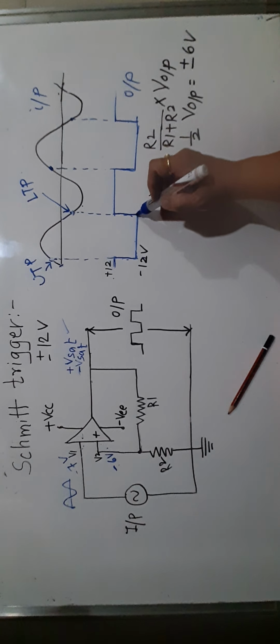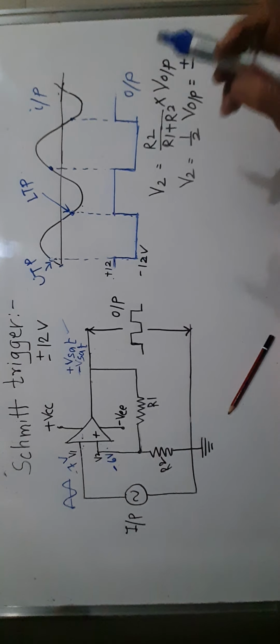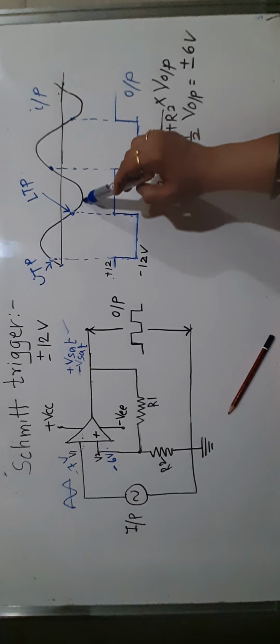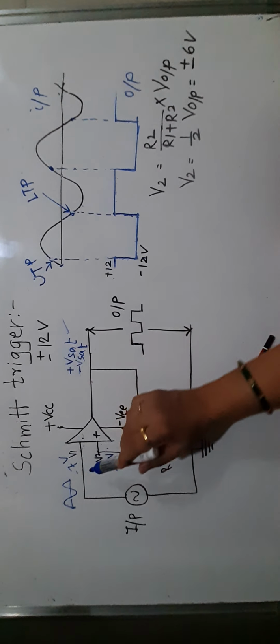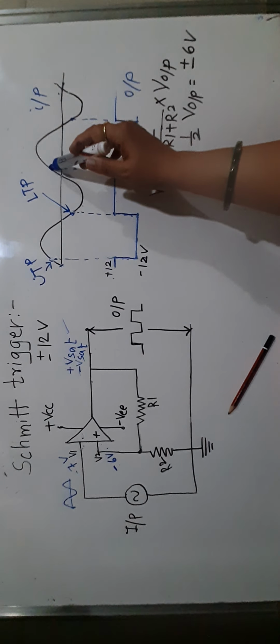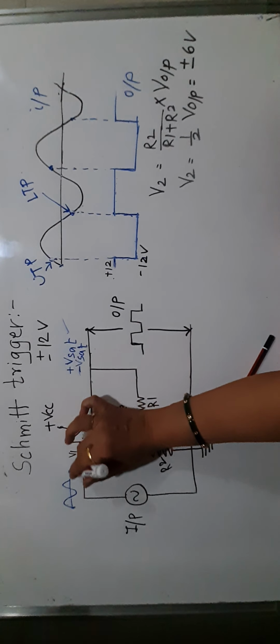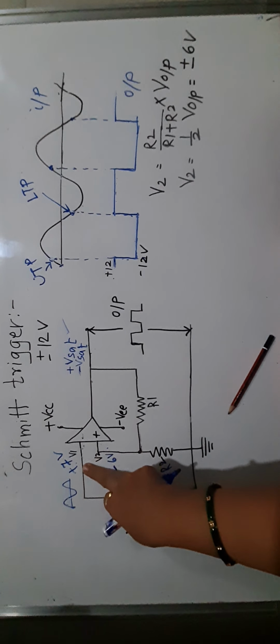Here we can see the output changes from minus to plus at this point. Now it remains plus until the input becomes 0 again. Then it goes on increasing, and when again it becomes plus 7 volt, this voltage is more positive.